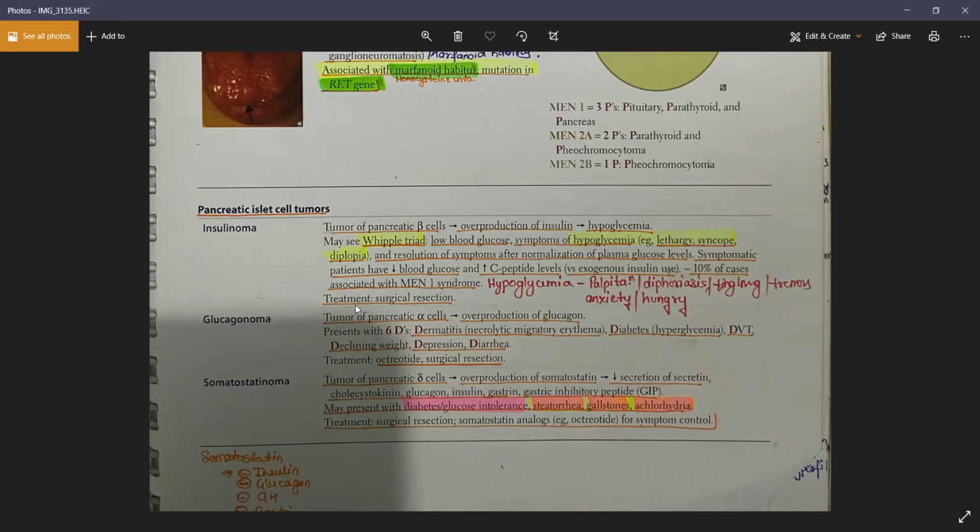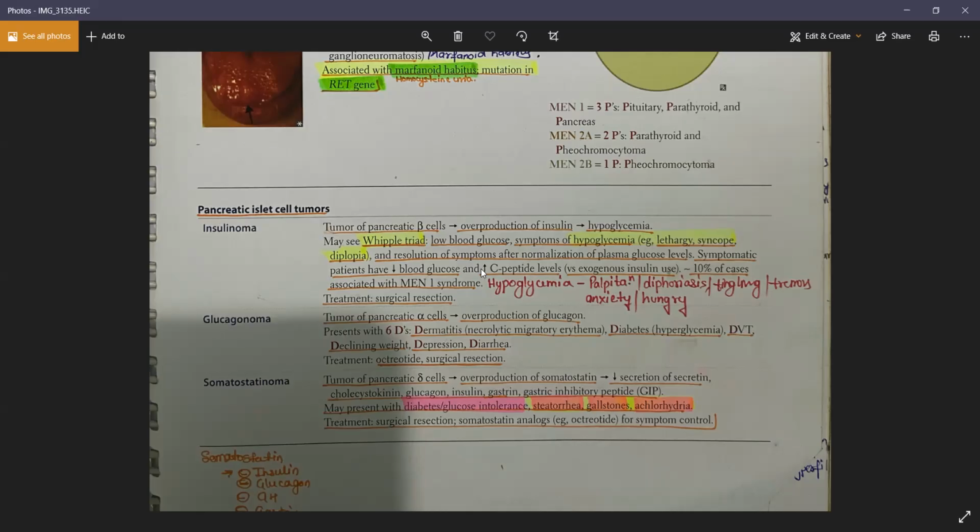So low blood glucose, along with the symptoms of low blood glucose, which resolve after normalization of blood glucose level. The C-peptide level must be high to ensure that you are having high endogenous insulin production, because Step 1 will ask you this.